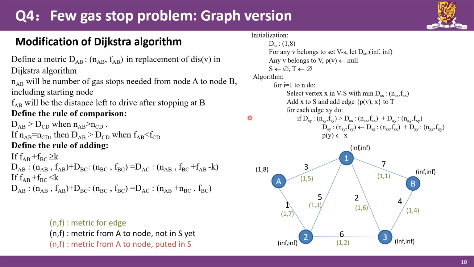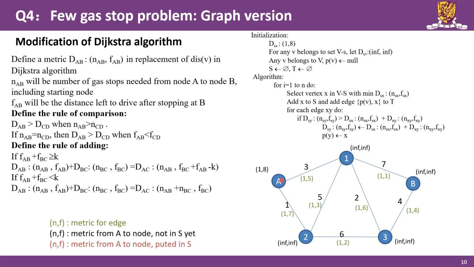That means if we start at A and stop at A, the gas stops we have will be only 1, and the gas we have left is 8. And just like Dijkstra's algorithm, we will initialize all the metrics on the other nodes to be infinite. Then for convenience, we will calculate all the metrics of each edge.